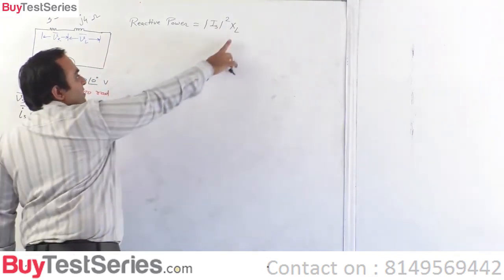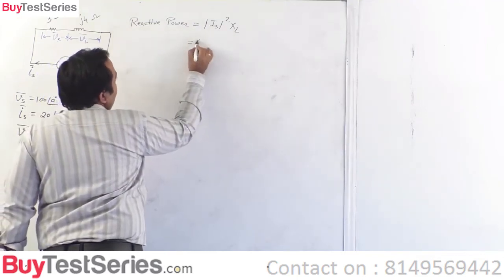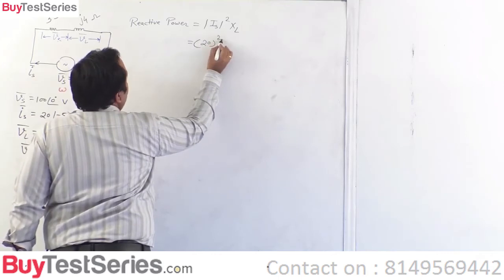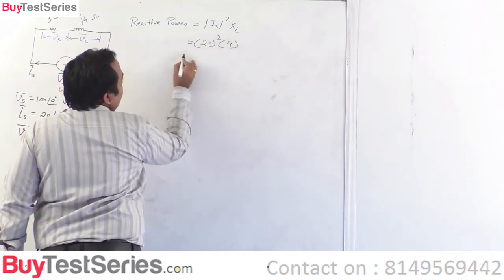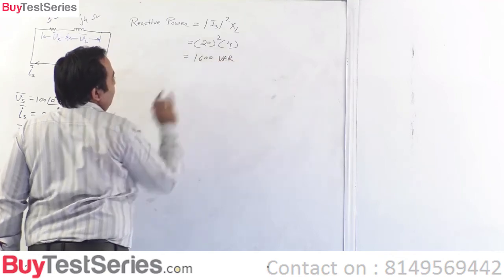Alright, so resistance is replaced by a reactive term. This is reactance, inductive reactance. So this becomes 20 square into 4. So it becomes 1600 VAR.